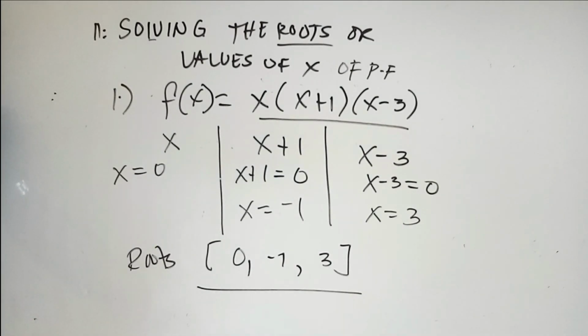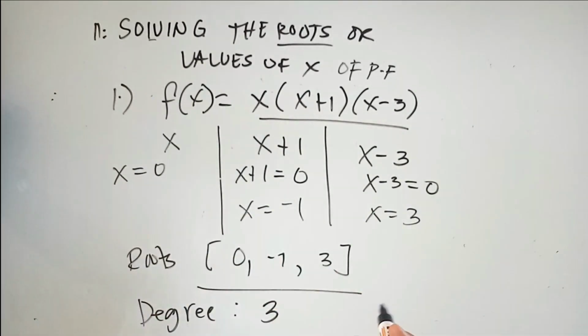Now, the next question is, how are you going to determine the degree or the highest exponent? Just simply by counting the number of roots, you will identify the degree of the function. So the degree of this function is 3. Why? If you count them, 1, 2, 3, you have only 3 roots, therefore you have 3.